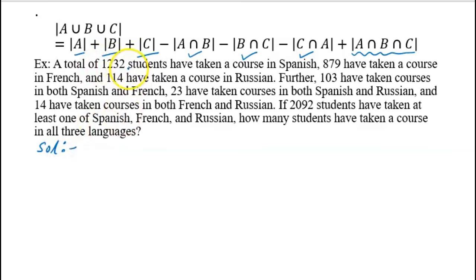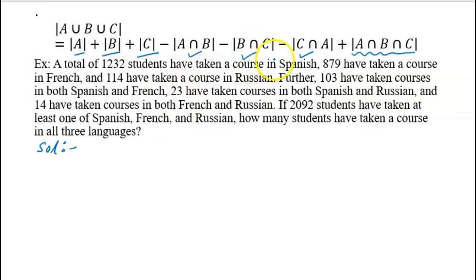So a total of 1232 students have taken a course in Spanish and 879 have taken a course in French and 114 have taken a course in Russian. So let me write the information that is provided together. We will read the question and also extract the information that is available.